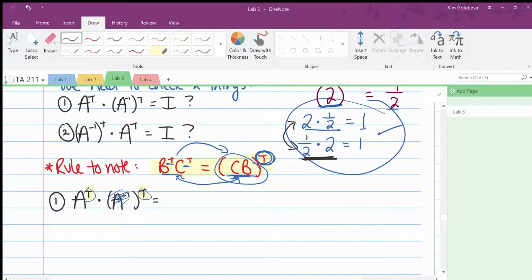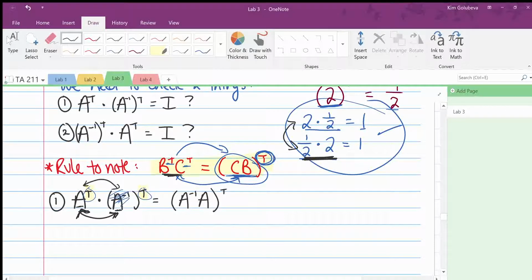So we end up with A inverse A transpose. And of course, remember that, like we said before, the order switches here. Just like this BC example, we have A times A inverse, so we know we have to switch the order.